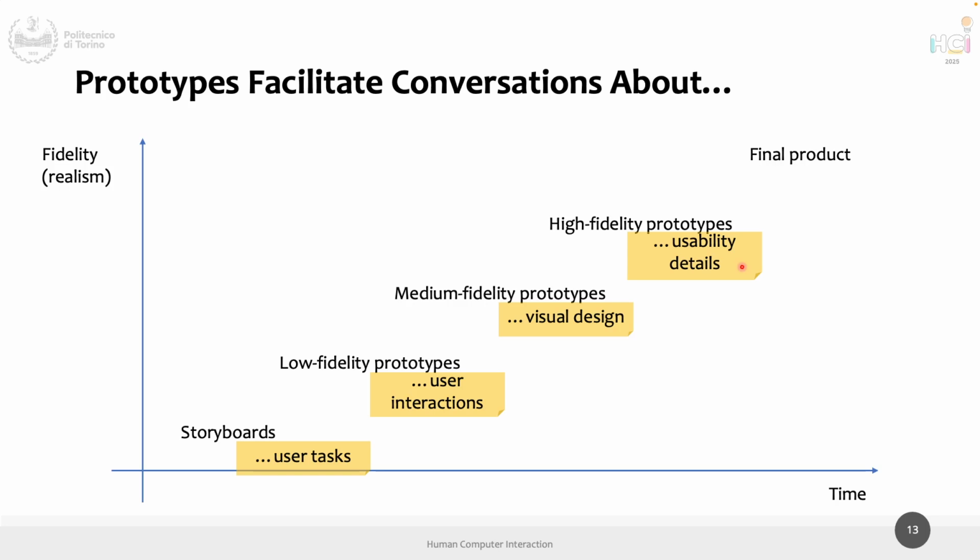It will not allow you to understand visual design, for instance, because it's too low in fidelity. The medium fidelity will allow you instead to understand the visual design, a pixel level visual design. And the high fidelity prototype will allow you to understand more usability details. But if you start from here, you will learn a lot about user interaction before starting to focus on the visual design and everything else.